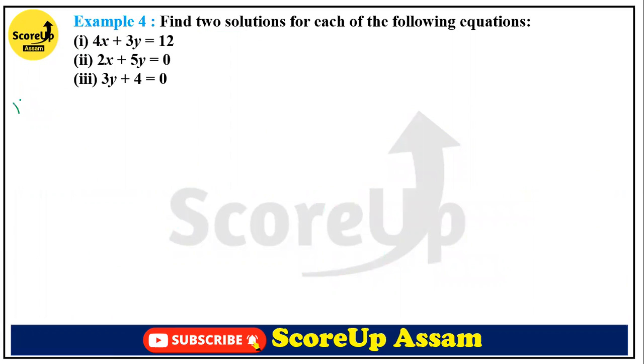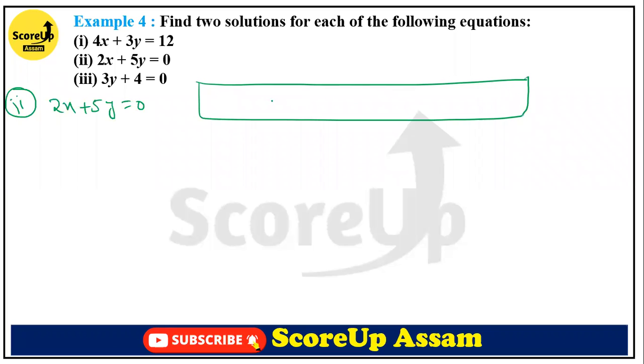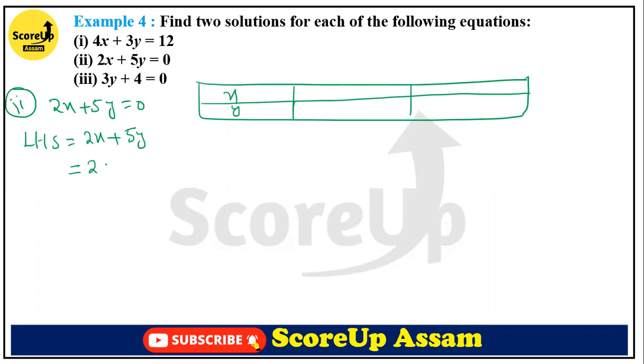Equation number 2 is twice x plus 5y is equal to 0. So again we should make a table like this. Now LHS is twice x plus 5y. Now the solution is, if x is 0 and y is 0, that means it will be 0. x 0, y 0, right?